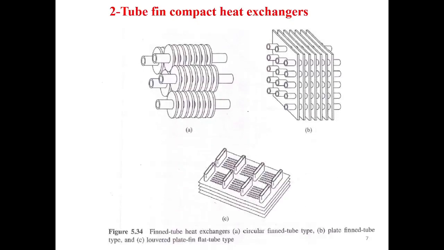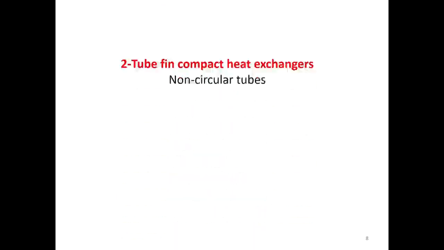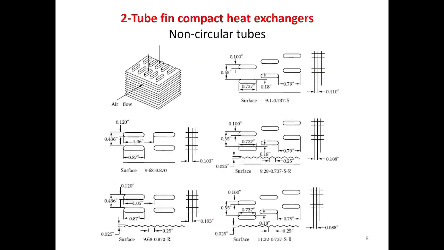As we said before, we could have either continuous fins or circular fins, and the tubes can be, as we said before, either circular tubes or flat tubes. This figure shows several types of non-circular tubes with continuous fin.